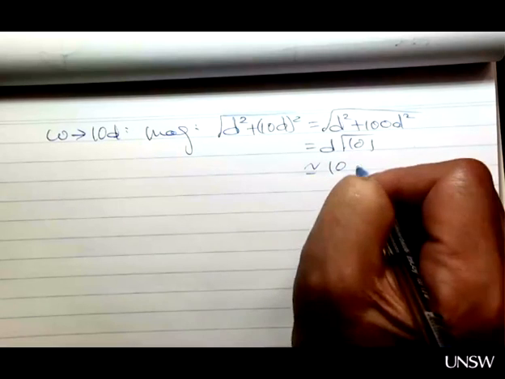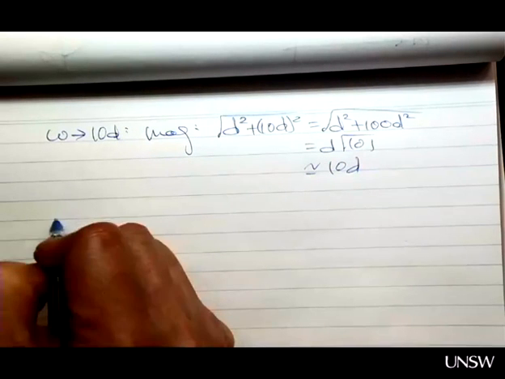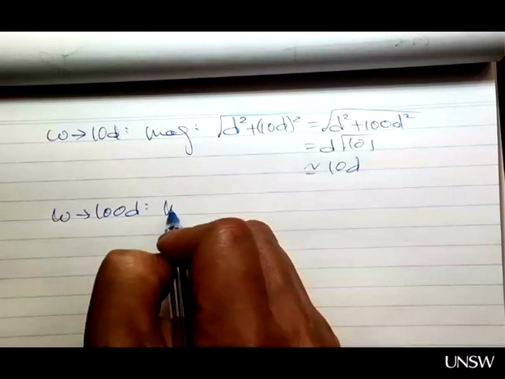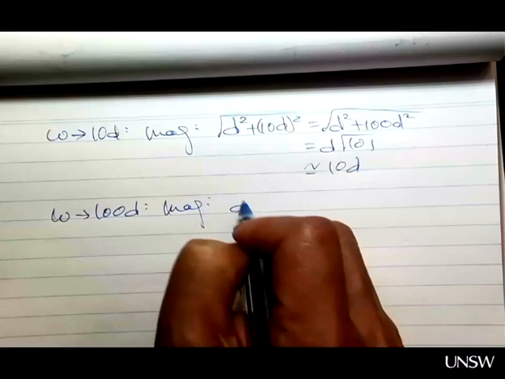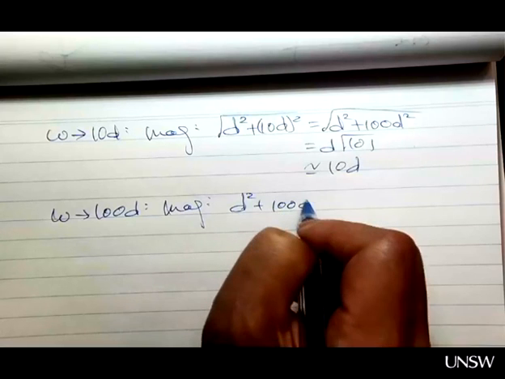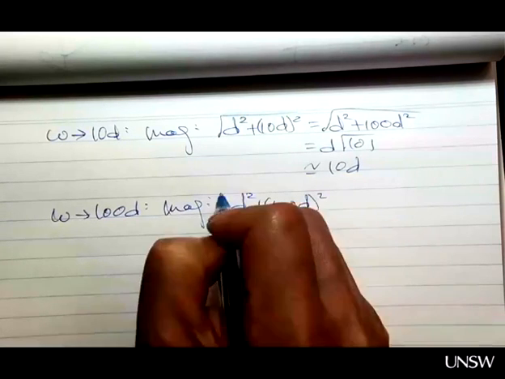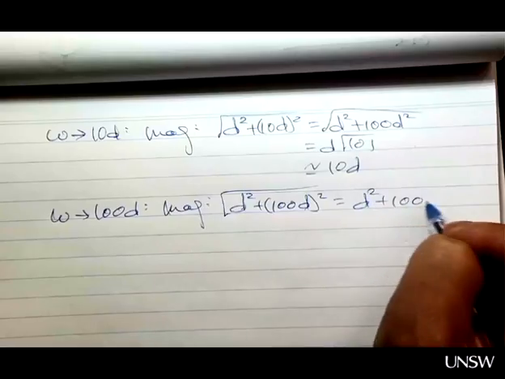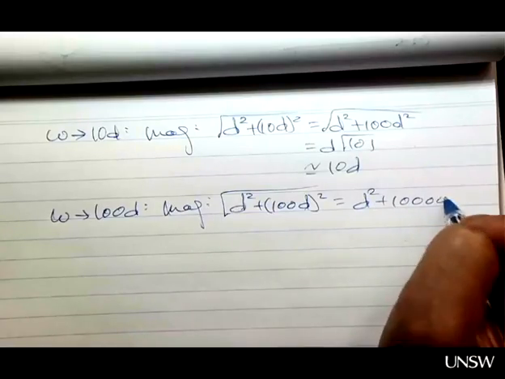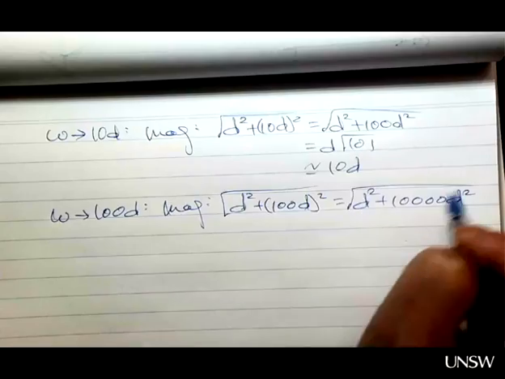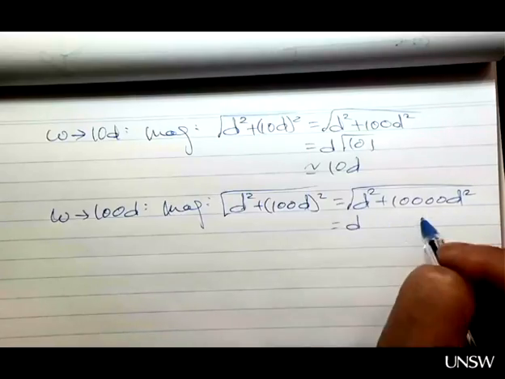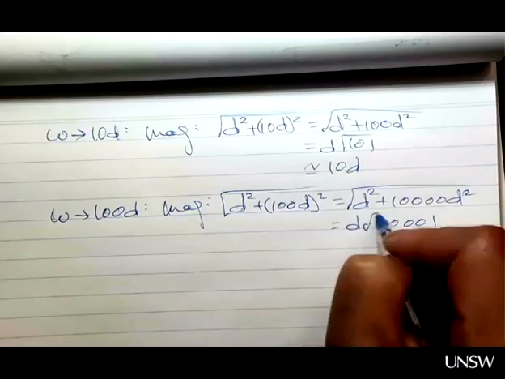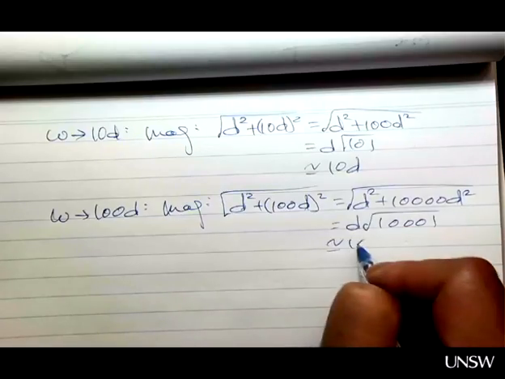If omega goes to 100, then the magnitude is approximately 100d.